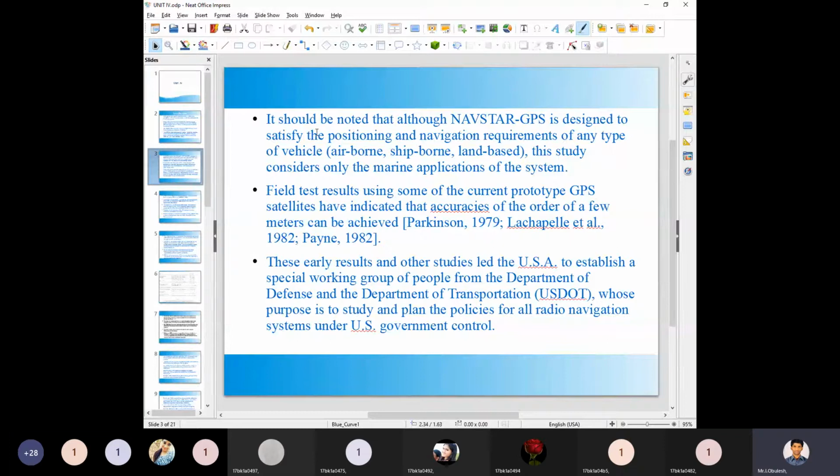We need to see field test results using some of the current prototype GPS satellites. Those results have indicated that accuracies of the order of a few meters can be achieved.